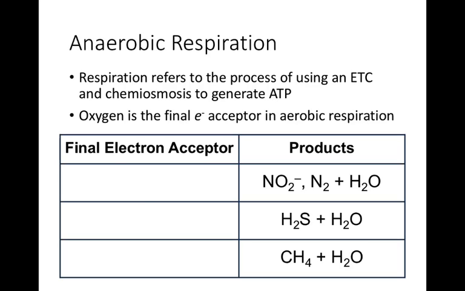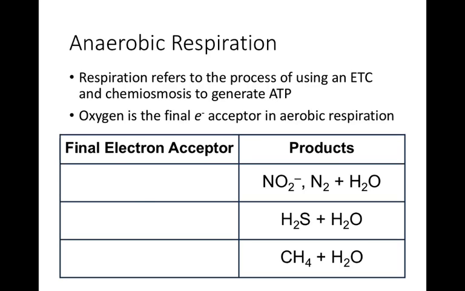Respiration doesn't refer particularly to oxygen being used as a final electron acceptor, but to the process of Krebs cycle, electron transport chain and oxidative phosphorylation. So if a cell is generating ATP through the electron transport chain, we can define it as performing respiration.